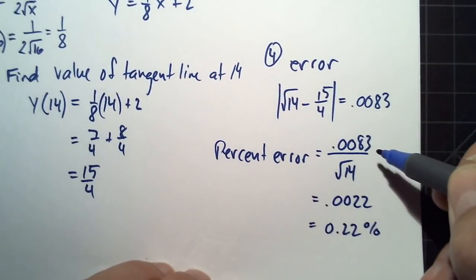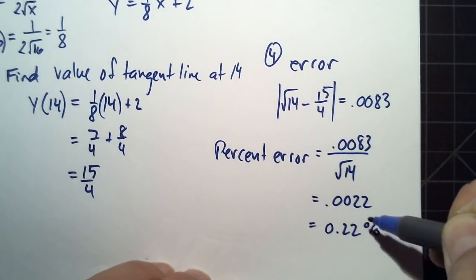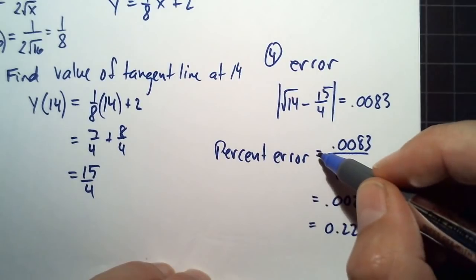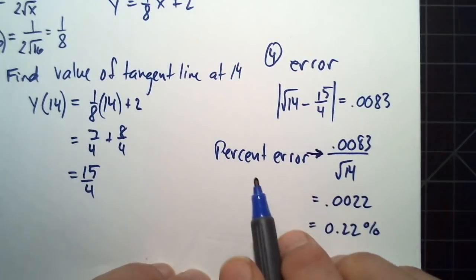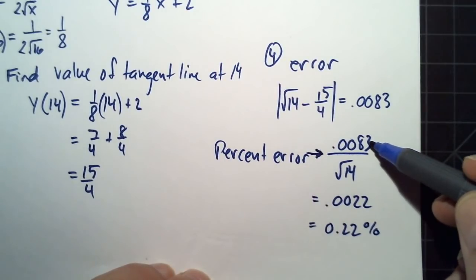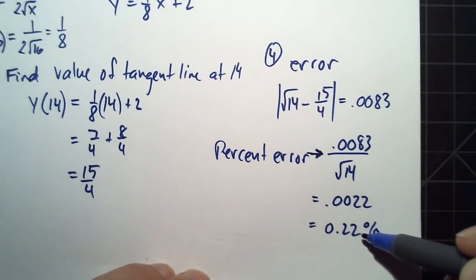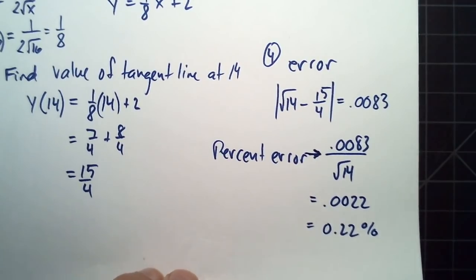Well, I guess this isn't actually percent error. We had to convert it to percent. So why don't we just say, we won't say percent error equals this. We'll put an arrow, and we'll just say to find the percent error, divide this, and then change the decimal into a percent.